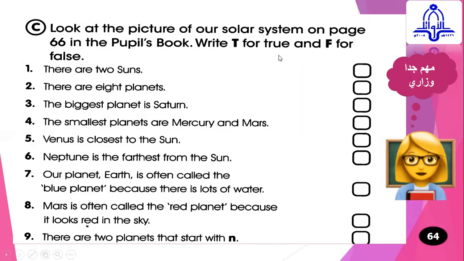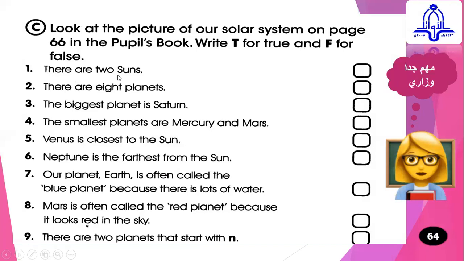Write T for true and F for false. انظر إلى the picture صورة of our solar system نظامنا الشمسي on page 66 في صفحة 66 in the pupils book في كتاب الطالب. Write T, اكتب الحرف T طبعا inside the square for true للعبارة الصحيحة, and F for false, واكتب الحرف F for false العبارة الخاطئة.